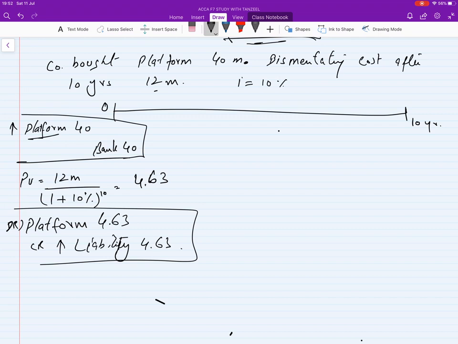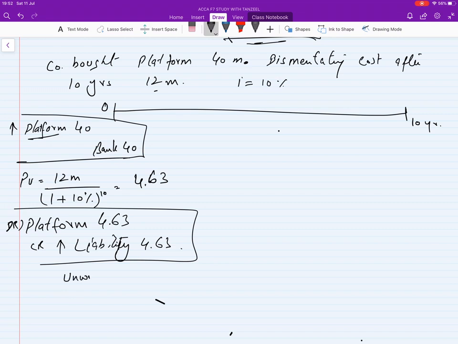This is very famous. If you are discounting with a 10% interest rate, then you need to unwind that discount with the same interest rate. So if we have discounted this value by 10%, then we need to unwind this with 10%.